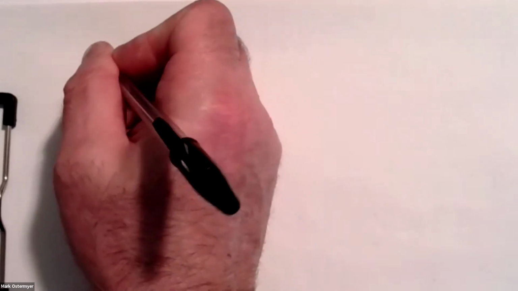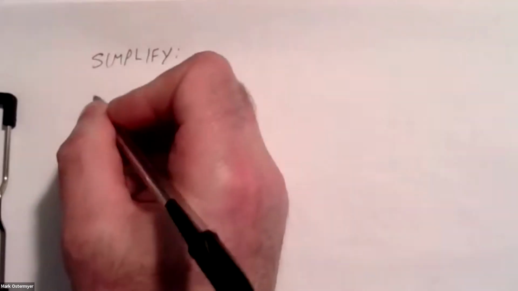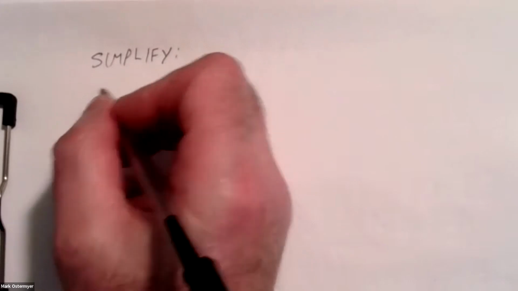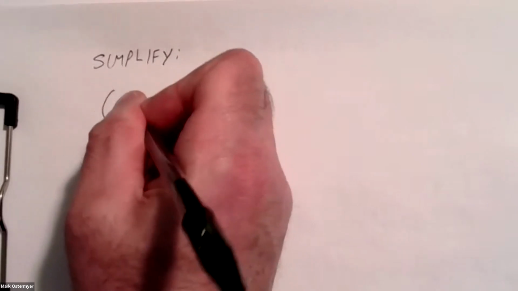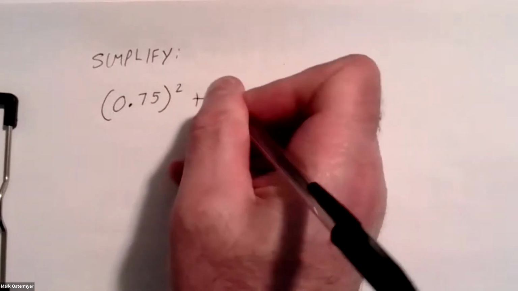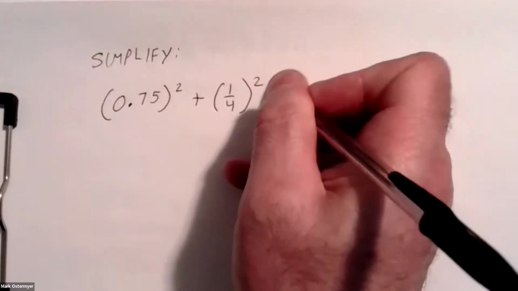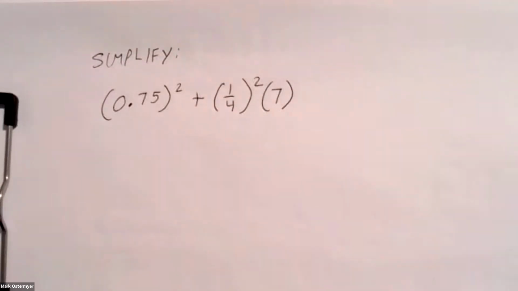All right. So let's say I have a mixture of fractions and decimals in an expression. So let's say I want to simplify 0.75 squared plus 1/4 squared times 7. Suppose I want to simplify this expression.